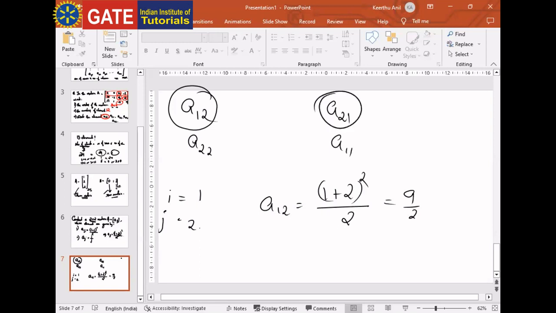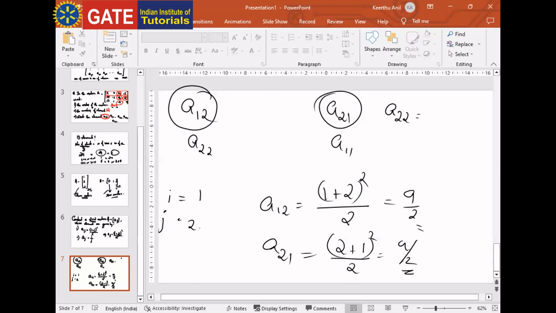Now, speak about the second one. A21. Again, who is I? 2. Who is J? 1. So, 2 plus 1 the whole square divided by 2. This is also going to be the same, 9 by 2. Now, what is the next one? A22, right? Who is I?